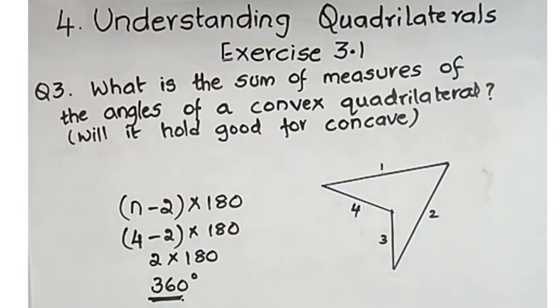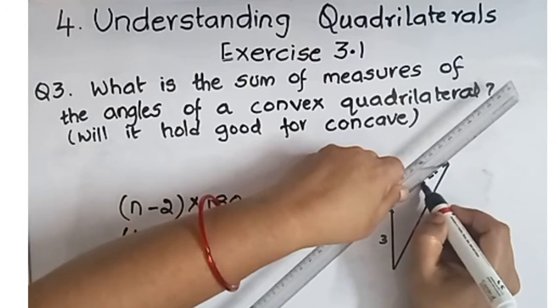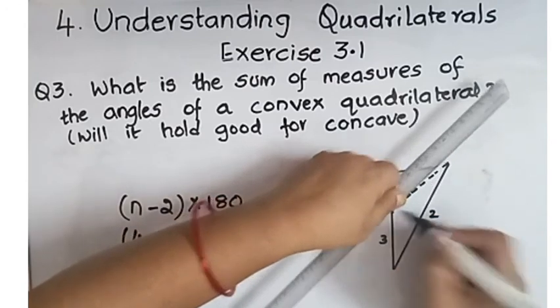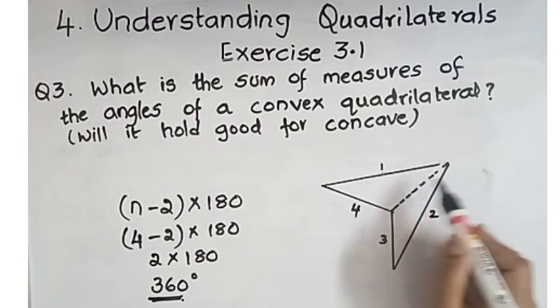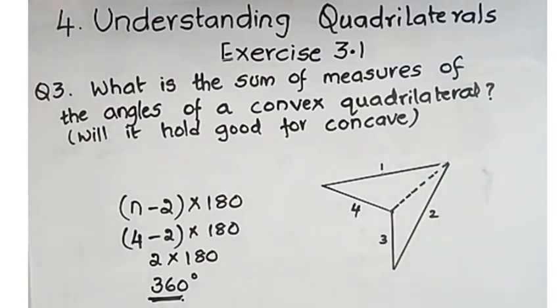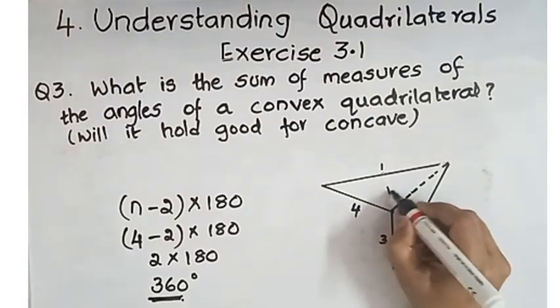Now if we try to analyze this, we draw a line that is going to divide the quadrilateral into 2 triangles. So this is one triangle, this is one more triangle. We know that the interior angle sum of a triangle is 180. So this will be 180.